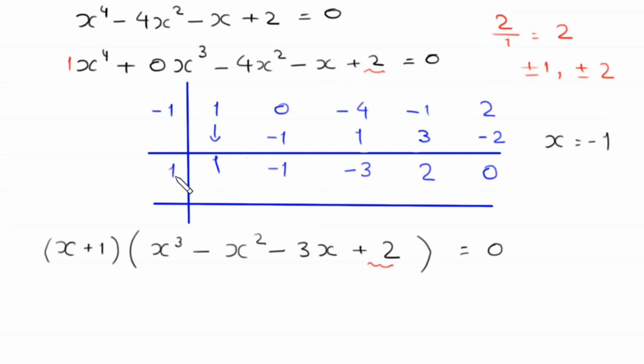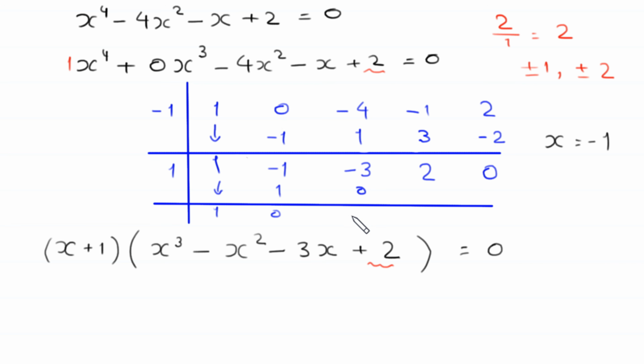We write positive 1 here, and this one comes down as it is. We multiply this one by this one. 1 times 1 is 1. Negative 1 plus 1 is 0, and 0 times this one is 0, and we add this negative 3 and 0.